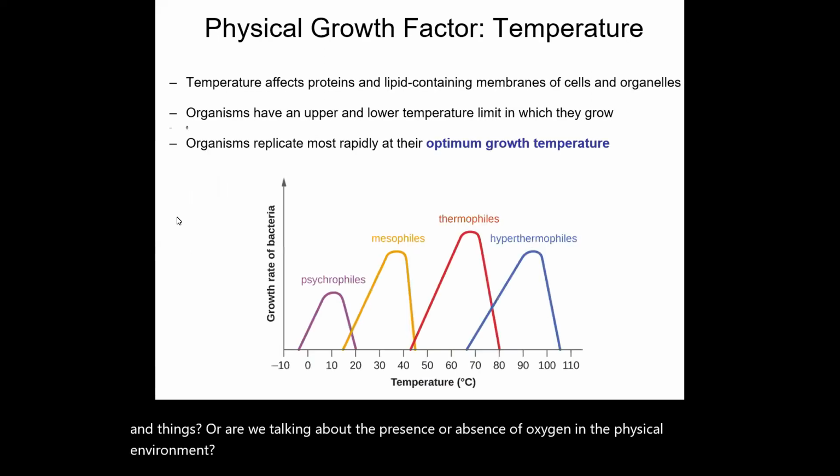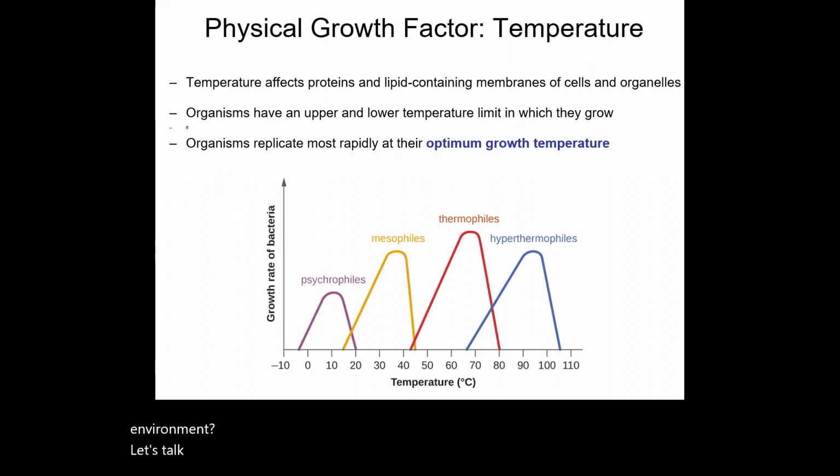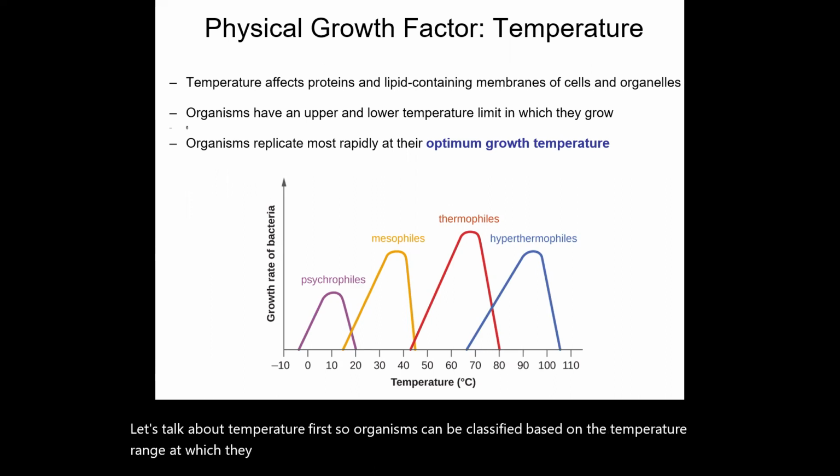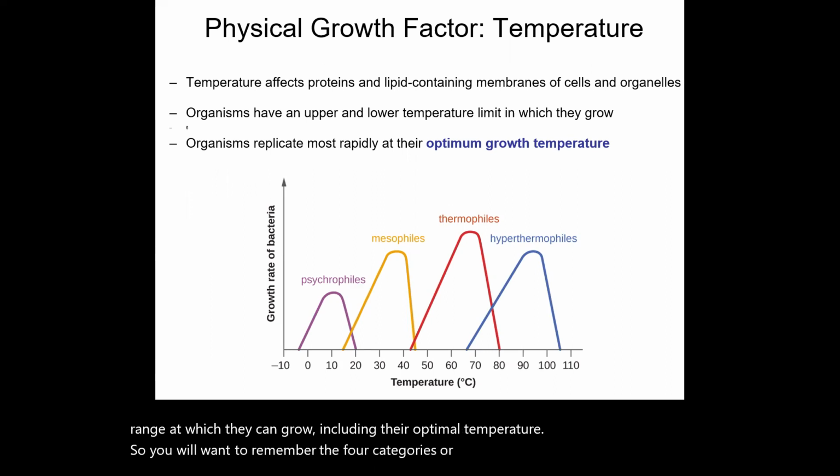Okay, let's talk about temperature first. So organisms can be classified based on the temperature range at which they can grow, including their optimal temperature. So you will want to remember the 4 categories or classifications shown here.